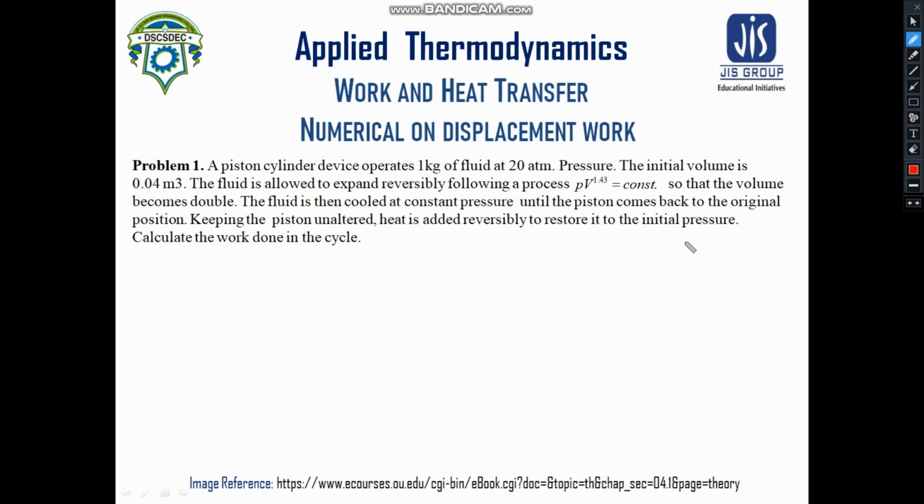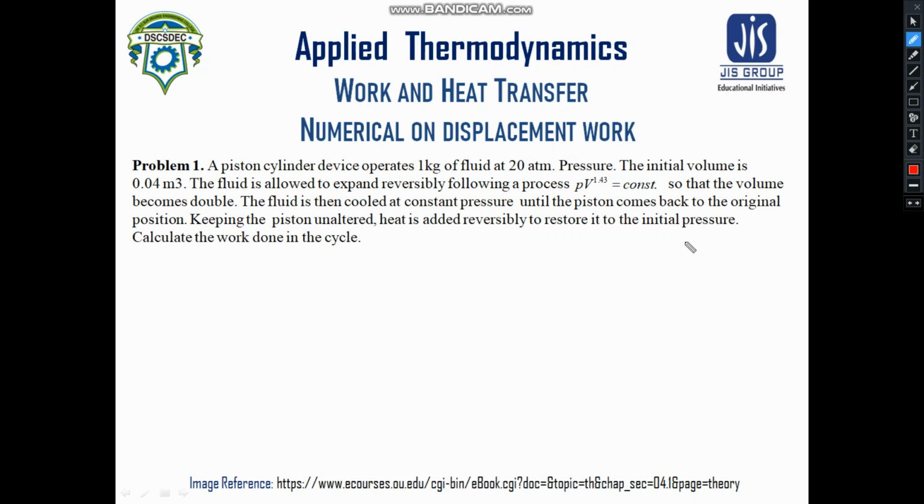So all of this is hypothetical, but we have already told you that this thermodynamic equilibrium concept and the quasi-static process, these two are the primitive assumptions, and they are very important. Okay, they are very important.